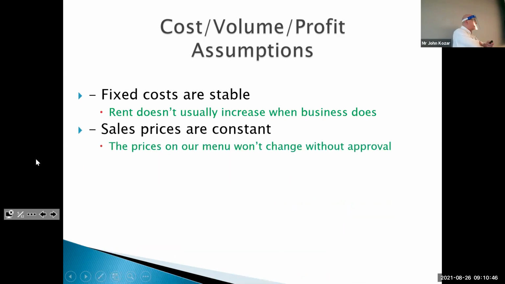Our sales prices are going to stay constant. So we're not going to be changing up our menu like every other week. And we're not going to increase prices or lower prices without having some meetings and approving doing that.